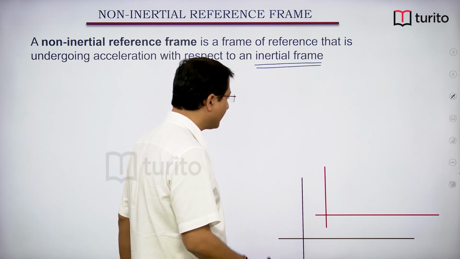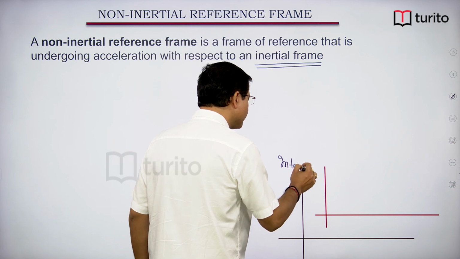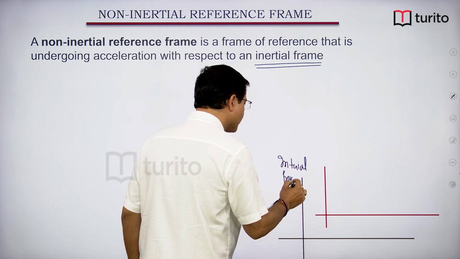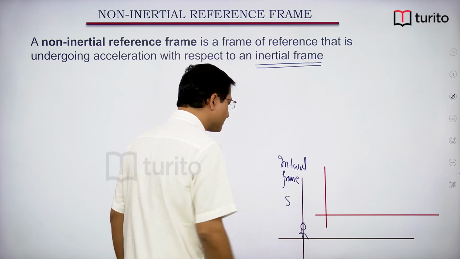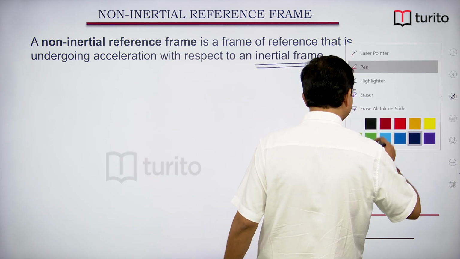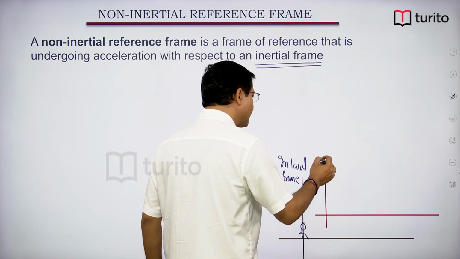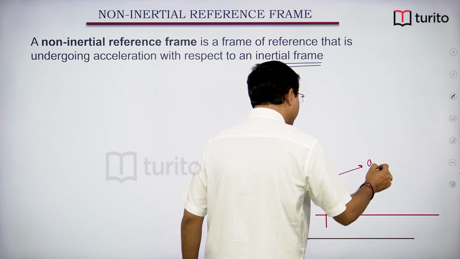So say I have got this inertial frame, let that be S, and from this frame I observe that another frame, say S dash, is having some acceleration.